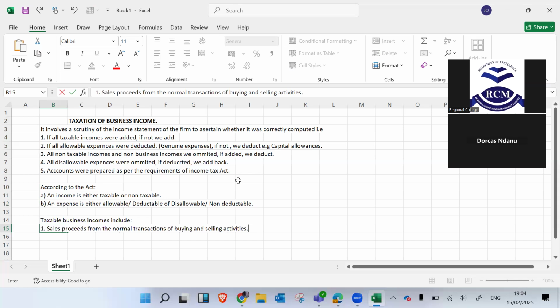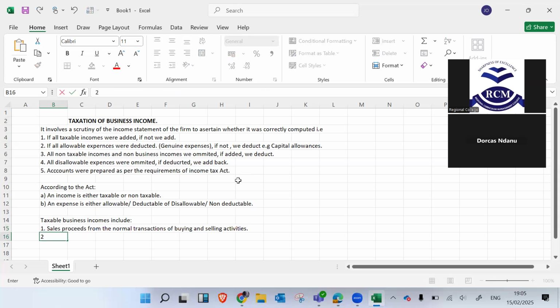So that is an income, the normal income. The proceeds that you are getting from the normal proceedings, where I bought goods and sold them, that is my income.